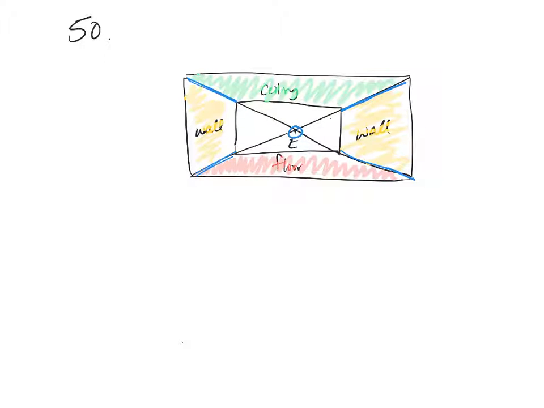So the answer to A, where is the vanishing point? The answer to that is point E, because that's where all those horizontal lines meet.